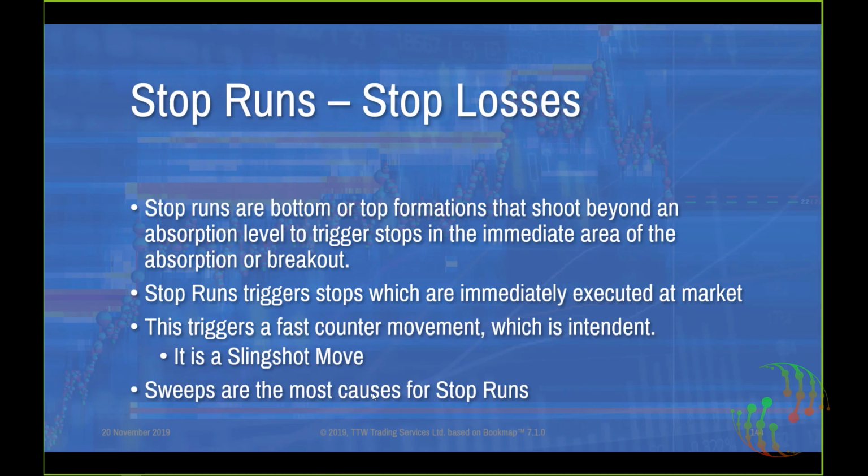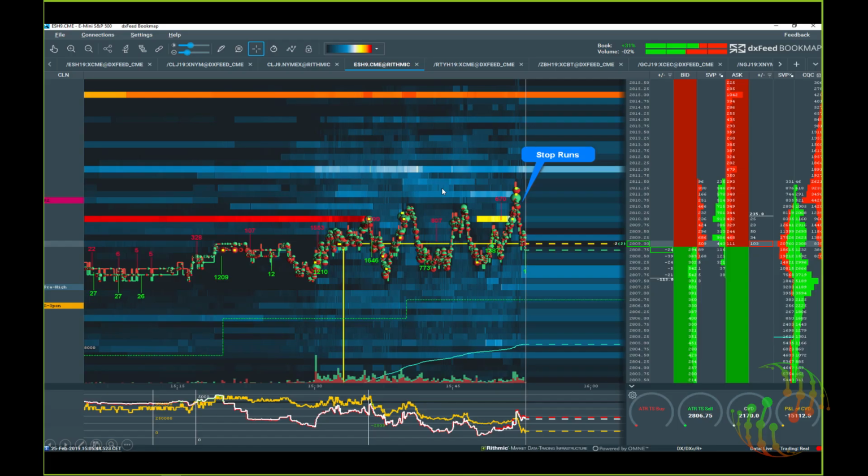So sweeps are the most common cause for stop runs, of course, as we have seen. It's like this one, you know. You see this is a liquidity area. It has been absorbed. Then they are going against you again.